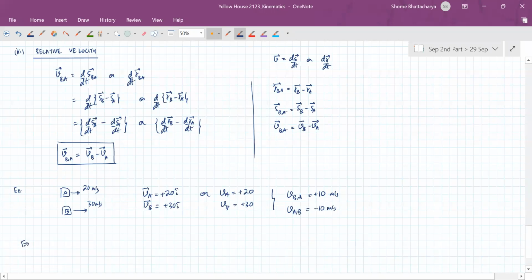But on the other hand, something which is a common experience for us, that if two objects are moving towards each other, then the relative velocity's magnitude becomes more, becomes the sum.